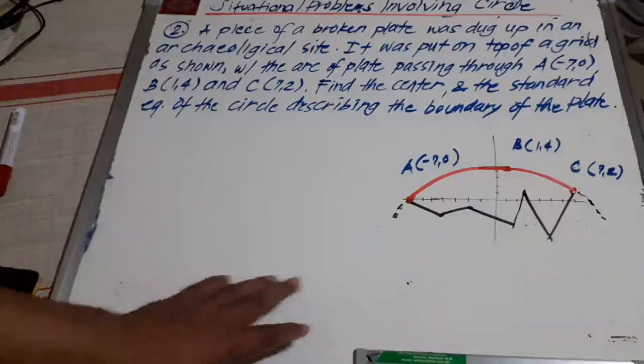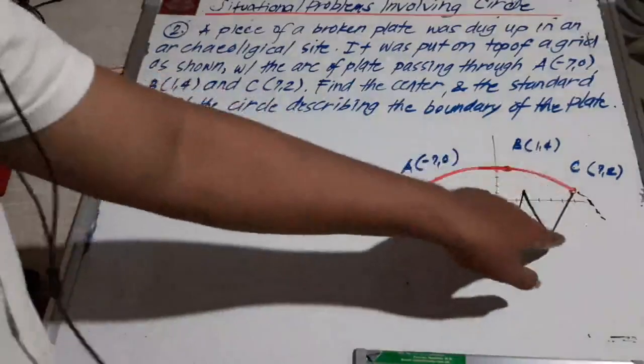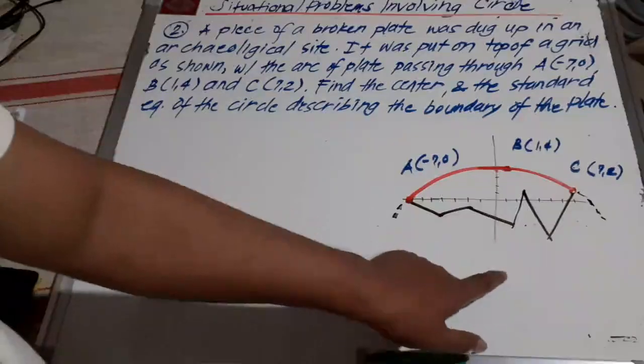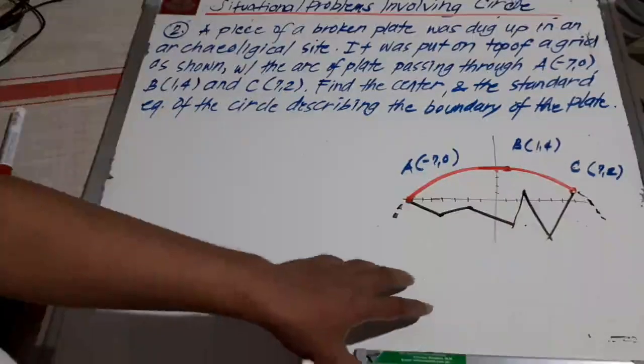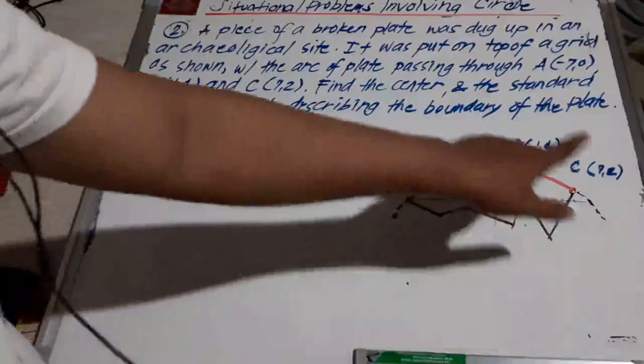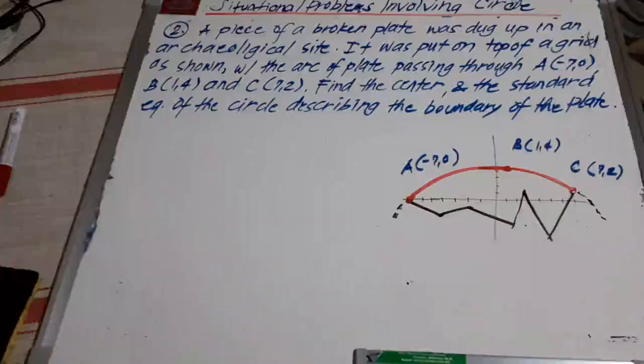Na circular plate, kaso basag, no? Ito lang ang natira. So, kailangan makuha natin yung center at makuha din natin yung length ng radius para maitsura natin kung ano talaga yung laki ng ating circular plate. Now, paano natin gagawin yon?